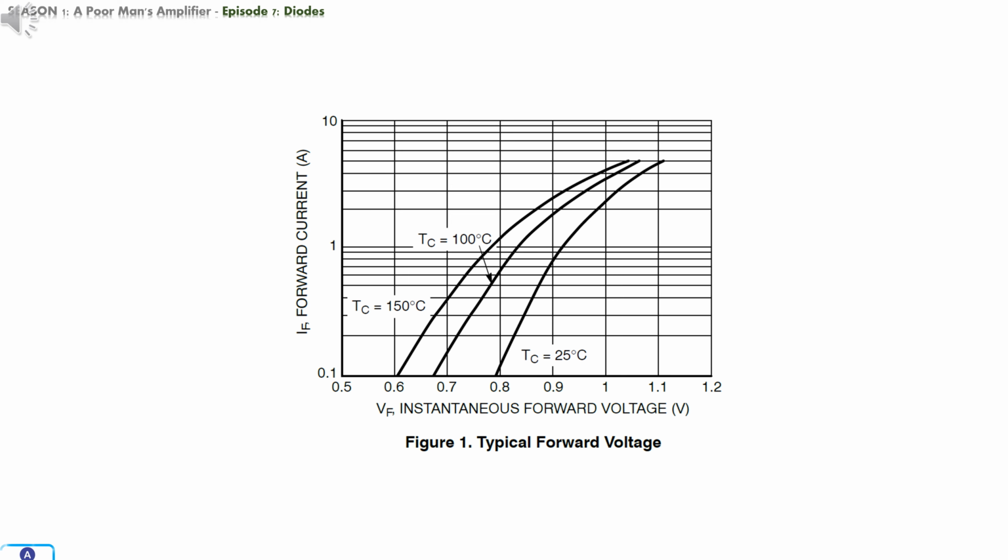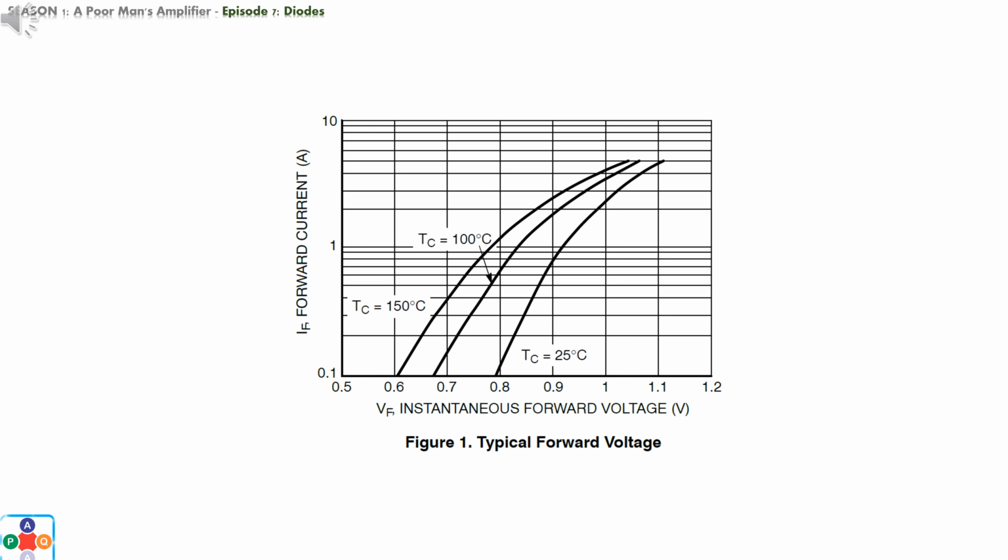This graph aims to tell us the value of the typical forward voltage drop, but the x-axis is labeled as instantaneous forward voltage. Just a few moments ago, we learned that these are two very different parameters, obtained at very different laboratory test conditions. So, not only did the manufacturer not provide us with more useful information about the product, he even didn't bother to pay enough attention to name the graph and x-axis correctly.